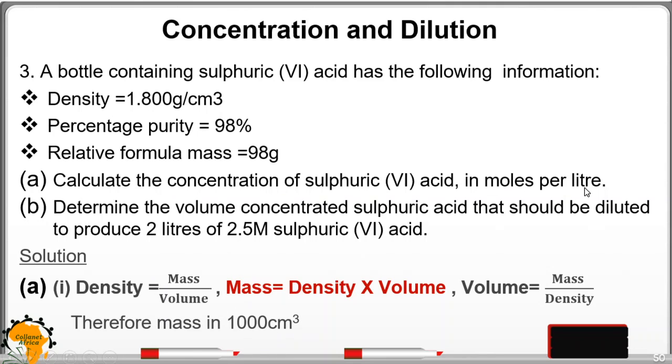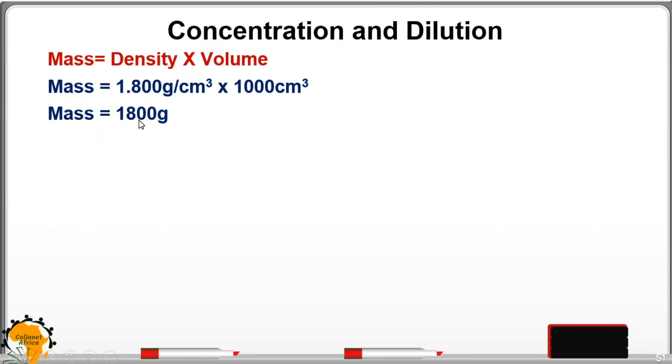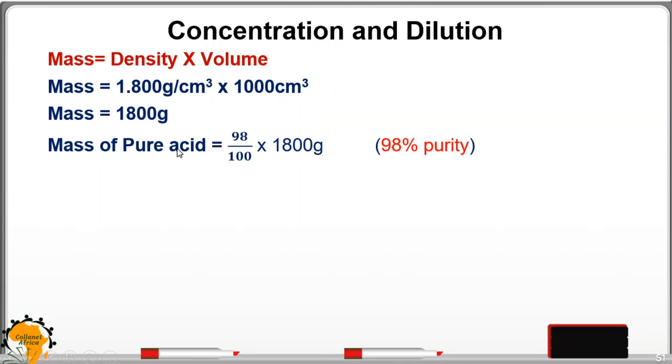So we ask ourselves, what is the mass if the volume is 1000? Mass is equal to density times volume. You get a mass of 1800 grams of sulfuric acid.